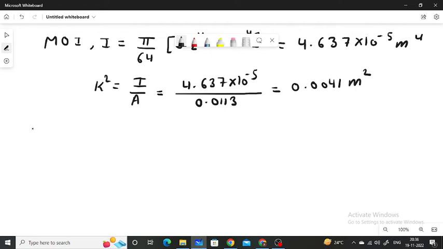Here both the ends are fixed, and the equivalent length will be equal to the length of actual column divided by 2. Column length has been given 4.5, then equivalent length will be equal to 2.25 meters.